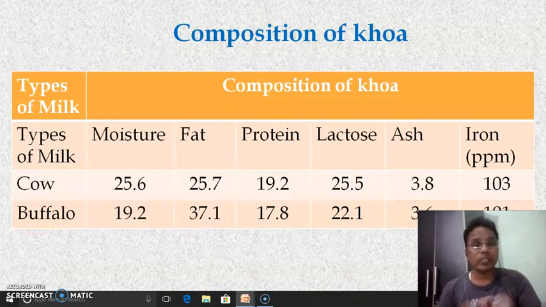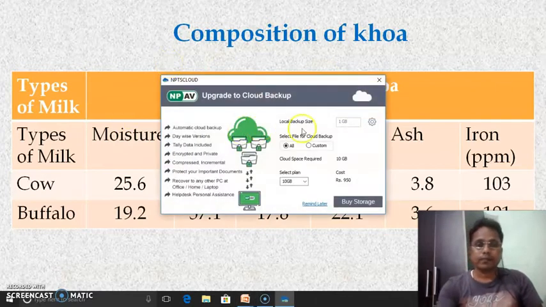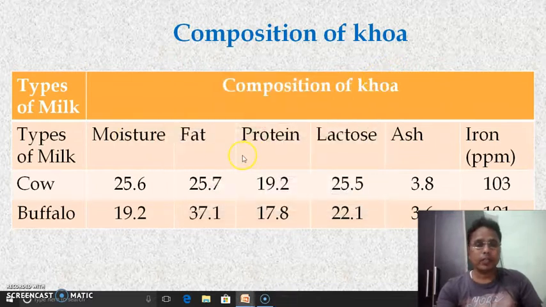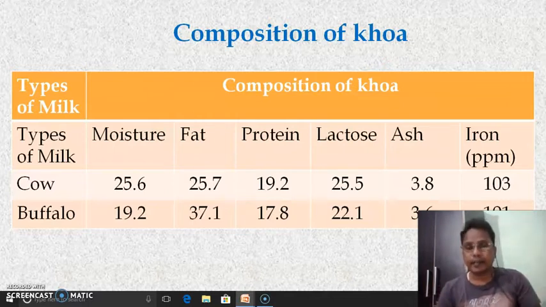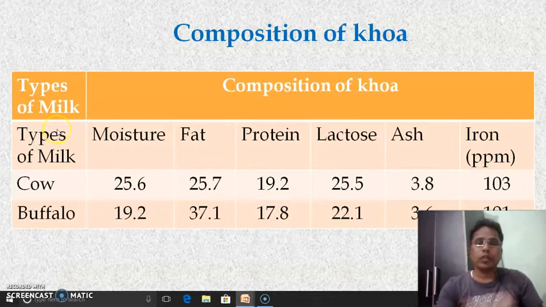Then we have seen the composition of Khoa, which means the food and nutritive value of Khoa. By studying the various components, we can say how important Khoa is. It contains moisture, fat, protein, lactose, ash, and iron, so due to all these components Khoa becomes a very nutritive product.